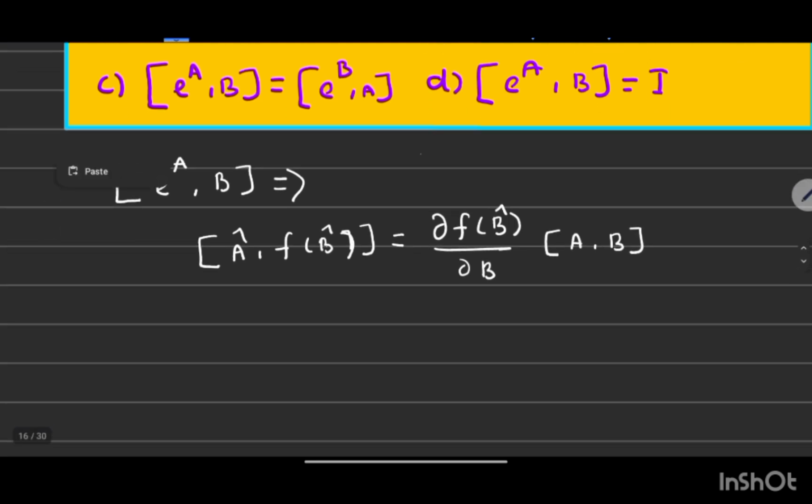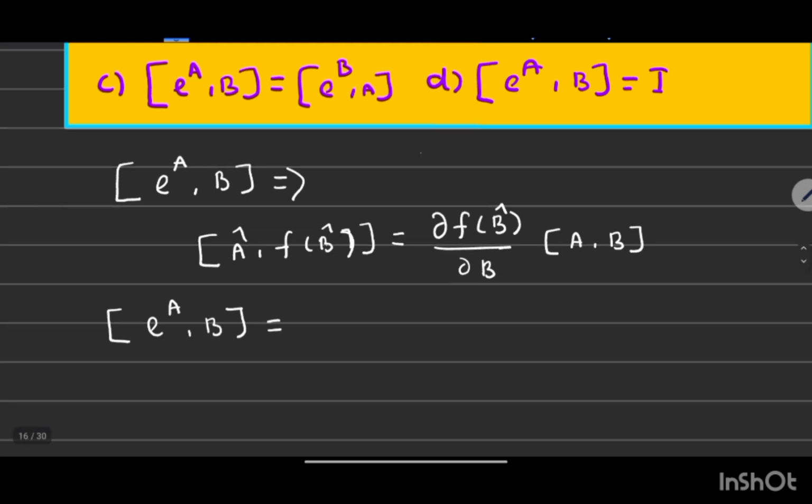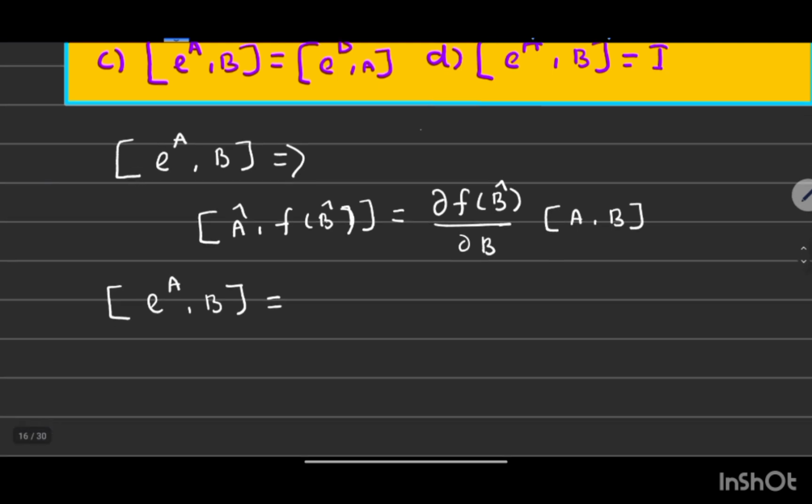Now the given commutation relation e raised to A comma B can be solved using the above property. Our function is e raised to A. Take the derivative of e raised to A with respect to A, d by dA of e raised to A, into the commutation relation between A comma B.